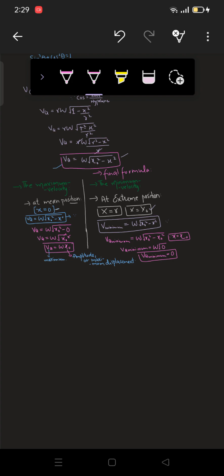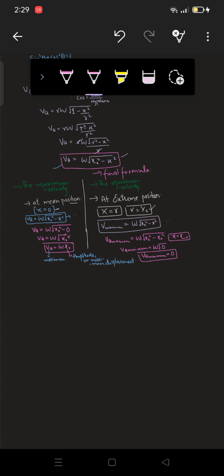The maximum velocity we found by making x equal to 0, since at the mean position the displacement is 0. We substituted x as 0 in the formula omega radical x naught square minus x square, and finally got V q maximum equal to omega x naught, where x naught represents the amplitude or maximum displacement. Then we found the minimum velocity at the extreme position.